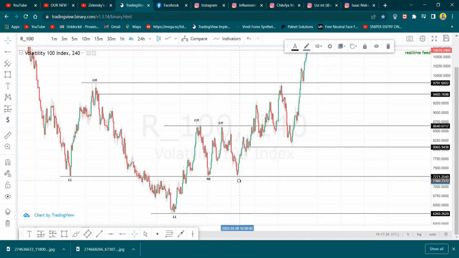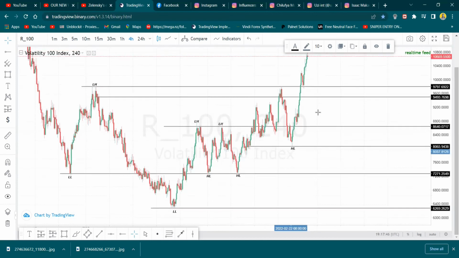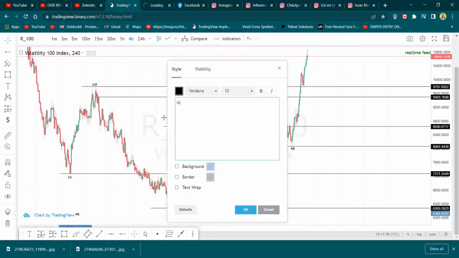Then again, a new higher low, which is here. Actually, these are like equal highs, equal lows. Then again, it created a new lower high, which is here. Then, instead of creating lower highs, both of these lower highs were broken, creating a new higher high. Oh, sorry. Yeah, so a new higher high.